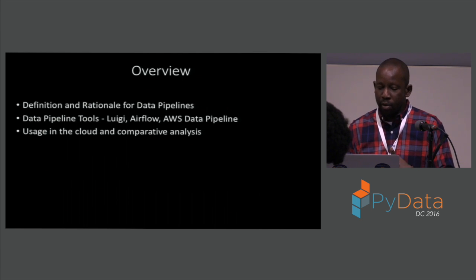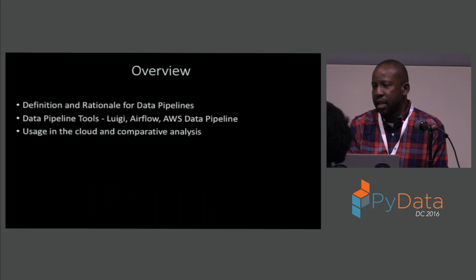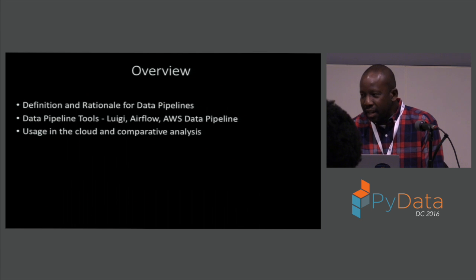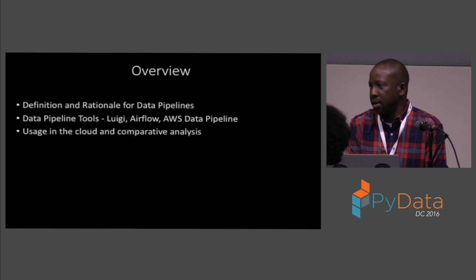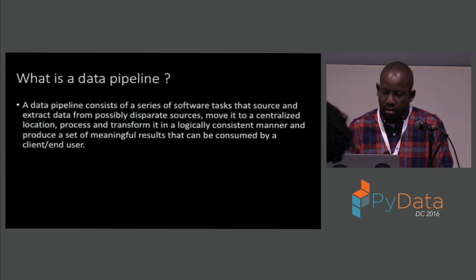The most popular ones are Luigi and Airflow, and then there's AWS Data Pipeline, which is developed by Amazon for managing pipelines in the AWS cloud. I'll talk a little bit about usage in the cloud and an analysis comparing one tool versus the other. So let's dive in.